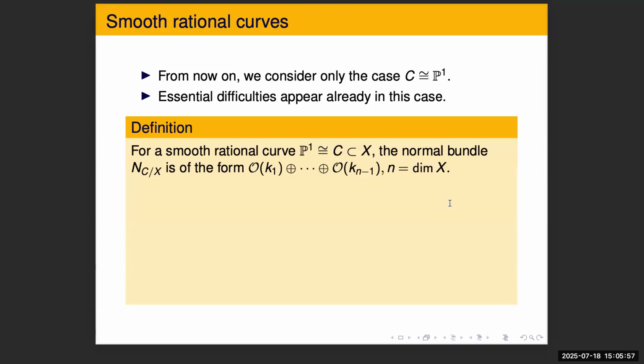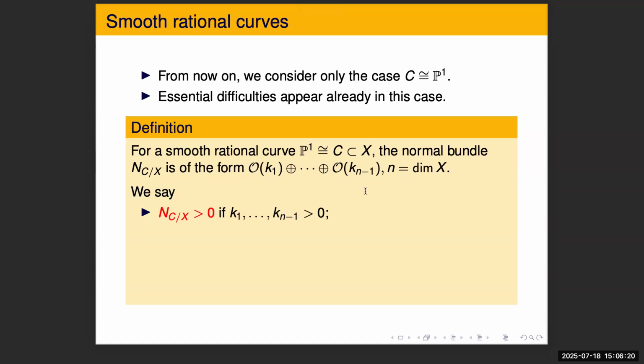And let's recall some definitions. When you have a smooth rational curve C in X, the normal bundle can be written as a direct sum of line bundles. We say that the normal bundle is positive if the line bundles are all positive.